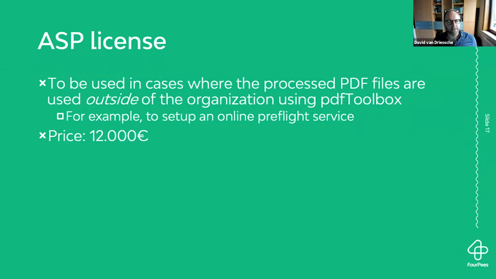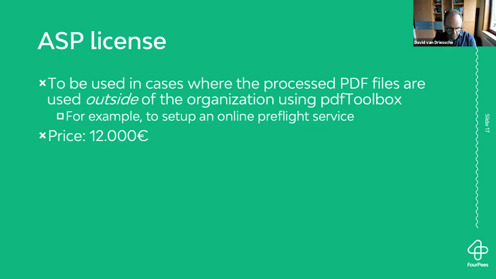But the ASP license is to be used, and this is the official definition, which is difficult, only in cases where the processed PDF files are used outside of the organization using pdfToolbox. A very easy example is a preflight service. Yeah, I set up a website. I give people the right to upload a PDF file to my website.